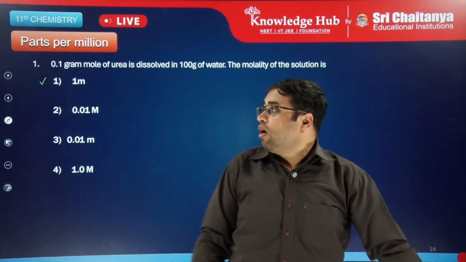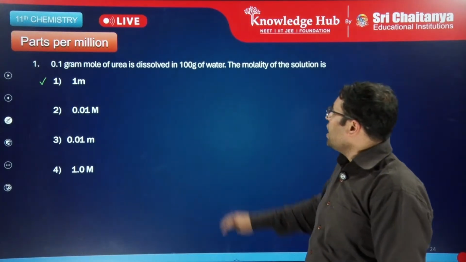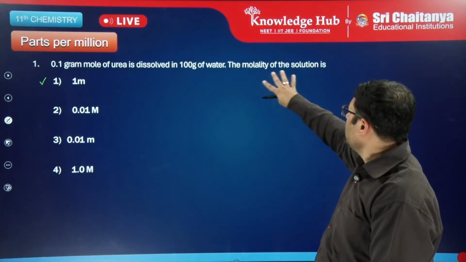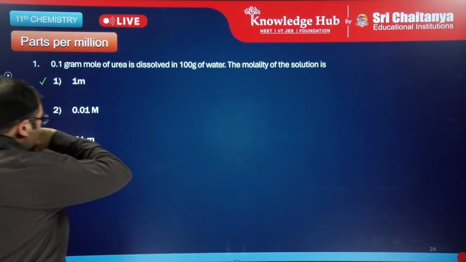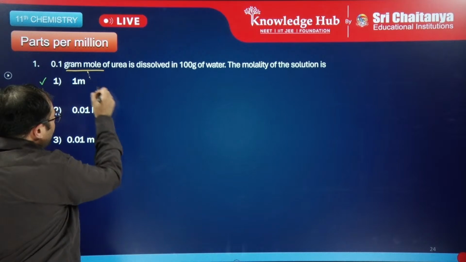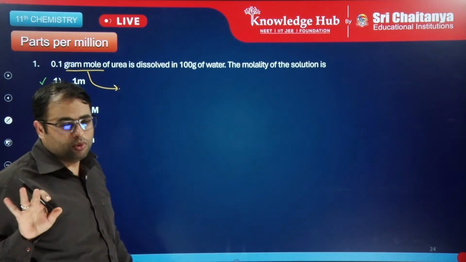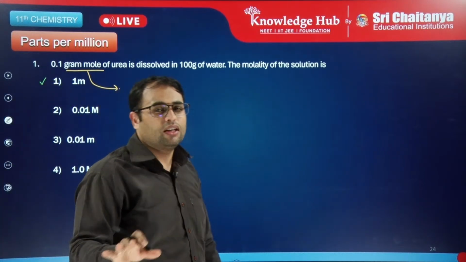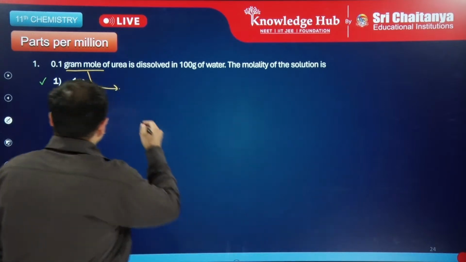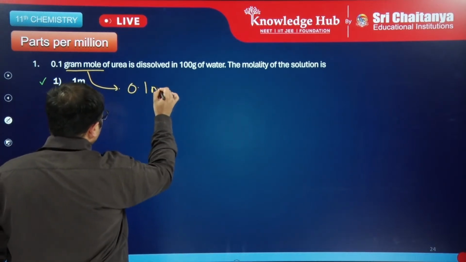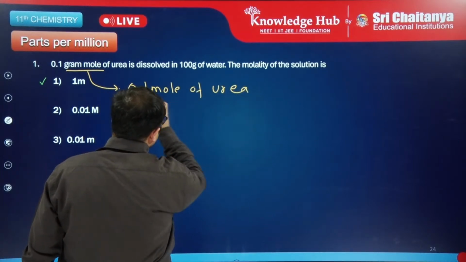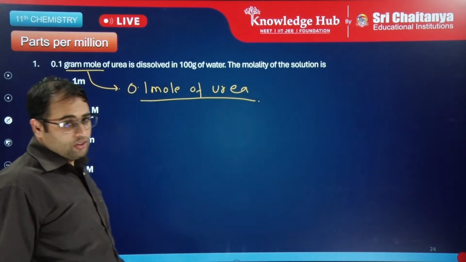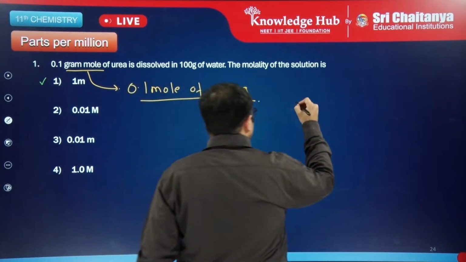0.1 gram mole of urea is dissolved in 100 grams of water. The molality of the solution is. See, when you see 1 gram mole, it is just a fancy way of saying the number of moles. So they have given you 0.1 mole of urea, right? What is urea?